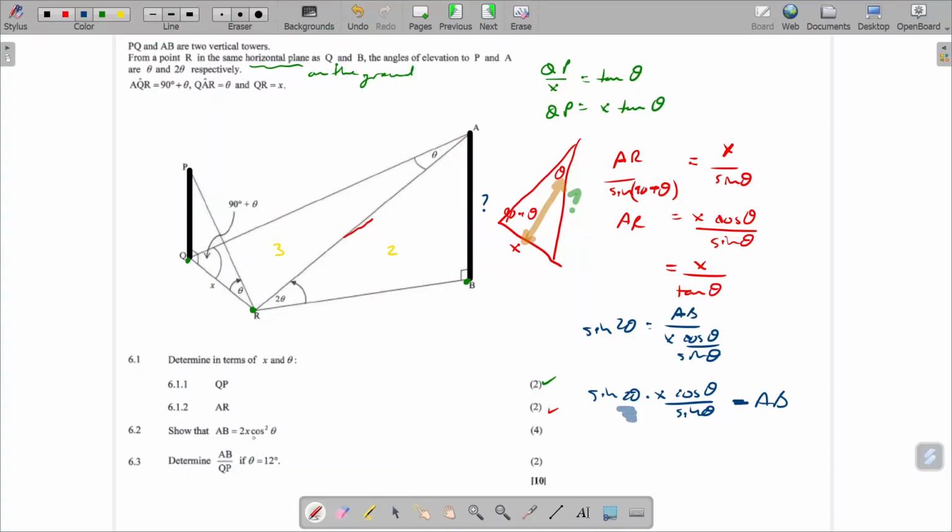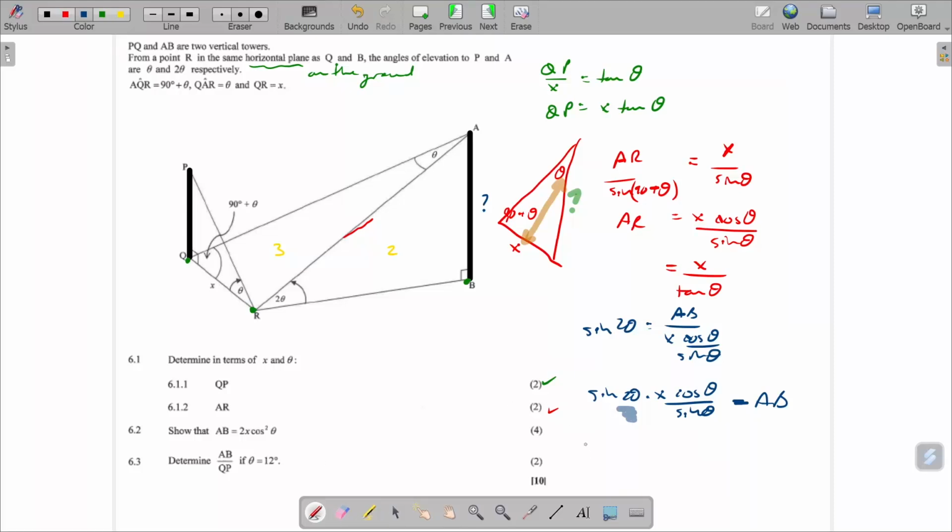And again, please remember, we can target the question. If we look at this question, there are no sine thetas involved in this answer. There's only cos of theta, so it's telling us effectively what we need to do. So we're going to change that sine of 2 theta out.